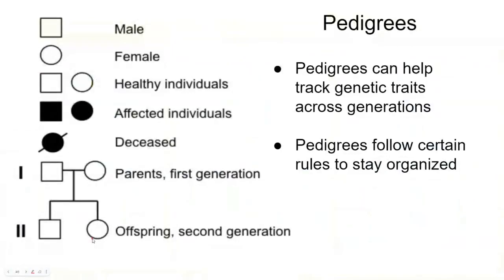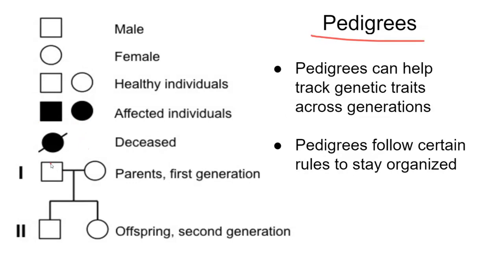All right, one of the ways that we can tell what's happening with these traits is by drawing a pedigree. Pedigrees really help us organize and track genetic traits when we're not quite certain of what the genotype is, but we do know what the phenotype is. So generally in pedigrees, males are square and females are circular. Unaffected individuals are white and affected individuals are colored in.